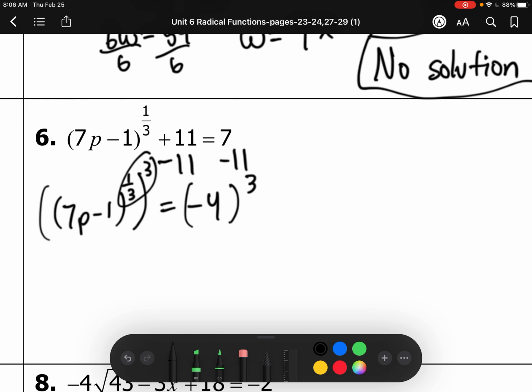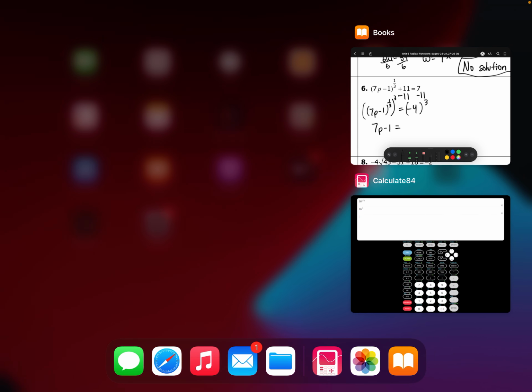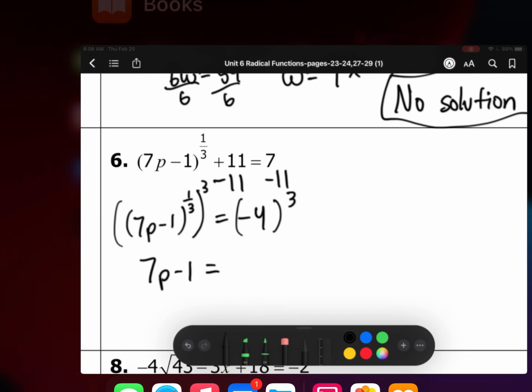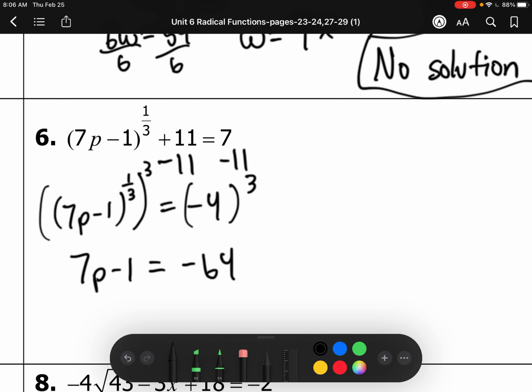When you multiply these two exponents, you get 3 over 3, which is just 1. So this becomes 7p minus 1 is equal to negative 4 raised to the third power. I'm going to do that on my calculator. I'm going to put in parentheses negative 4, and then raised to the third power is negative 64.